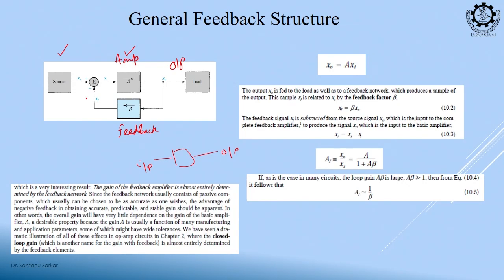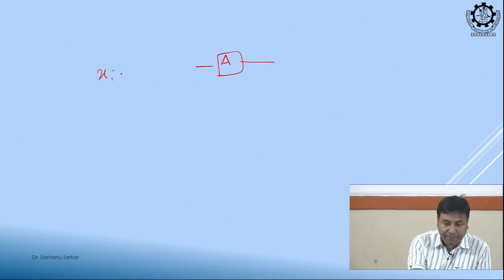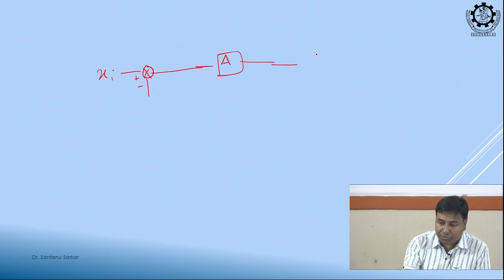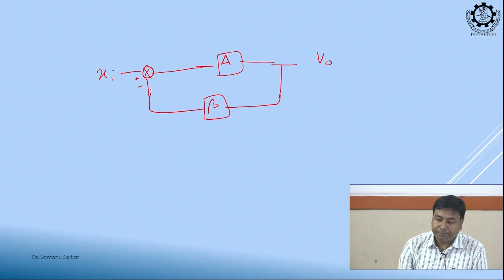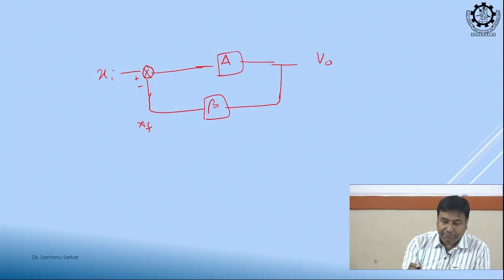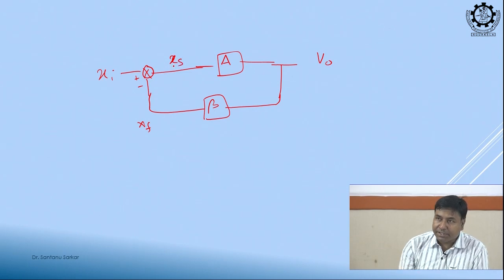So, if we draw this, suppose this is your A, this is your xi and this is your V0, say this is your feedback factor, say this is your xf and say this is your xs.